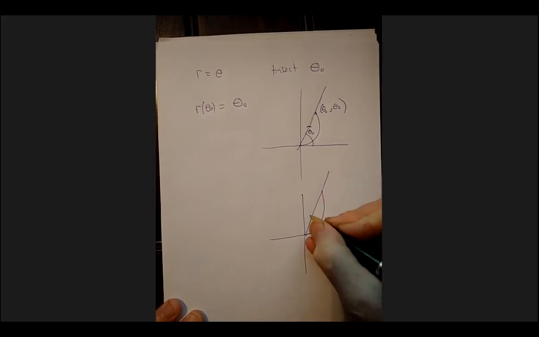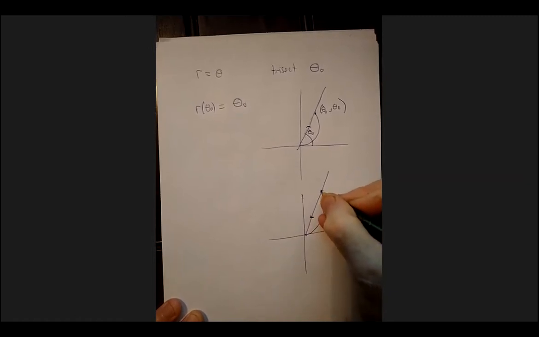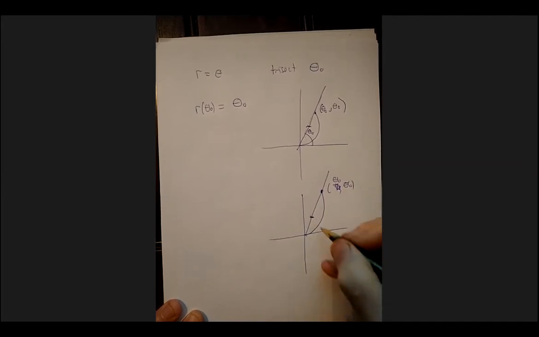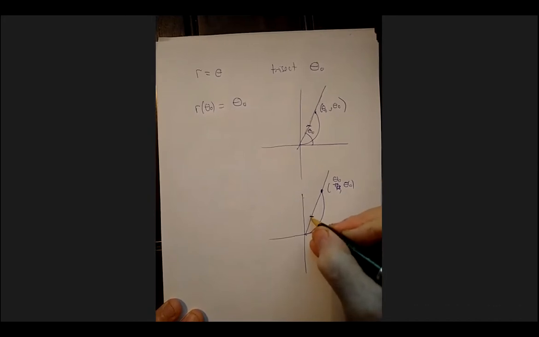Let's say that's the point of trisection right here. Again, radius and angle are the same, so this angle is theta naught. Then I've trisected this right here.